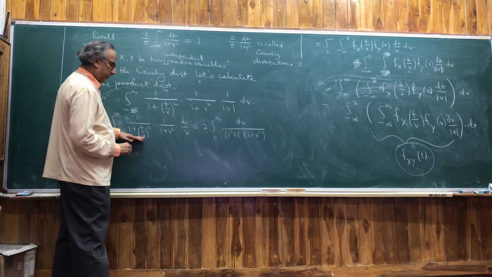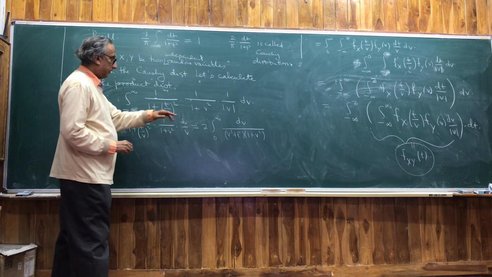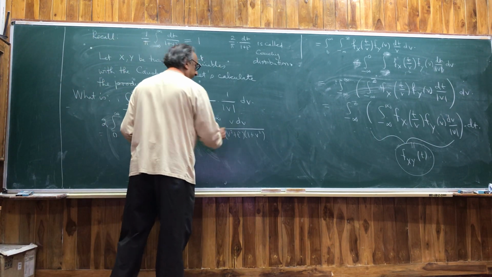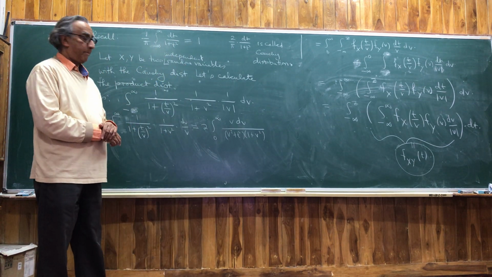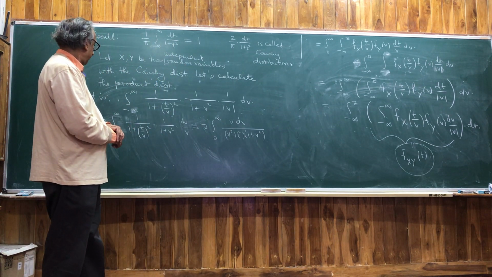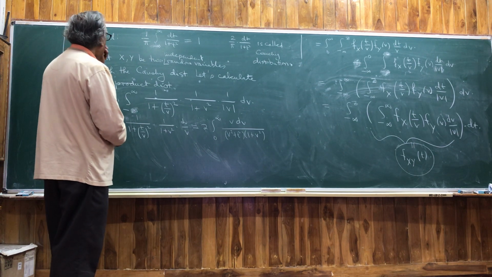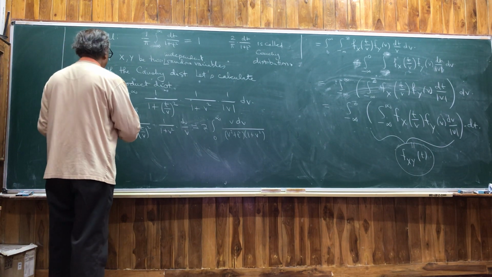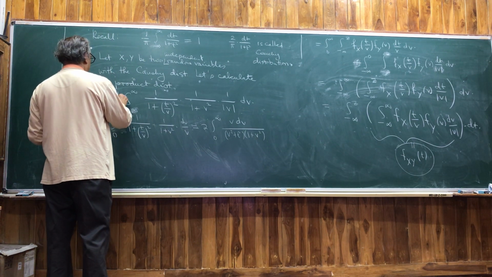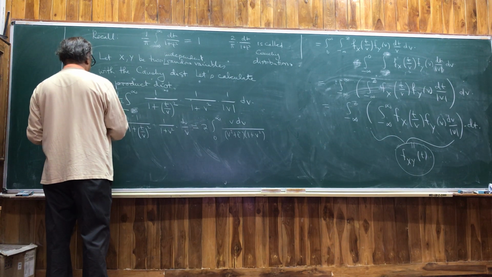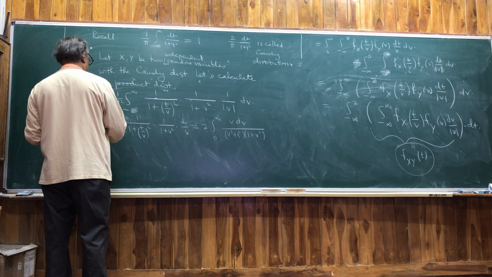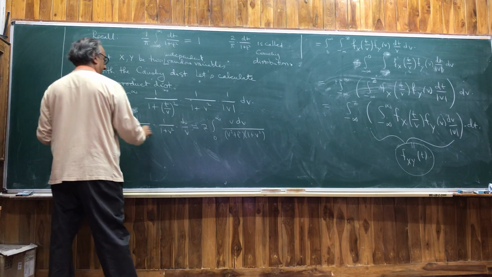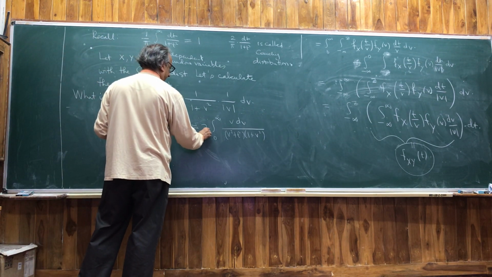And then there's a v in the numerator. Oh, I forgot the pi, 1 over pi squared. Does that look right?